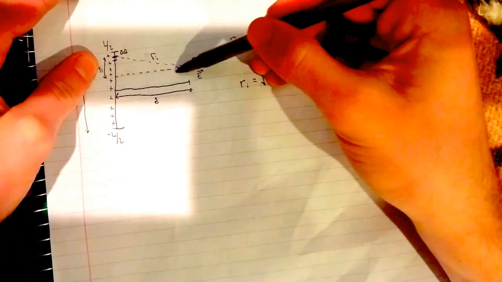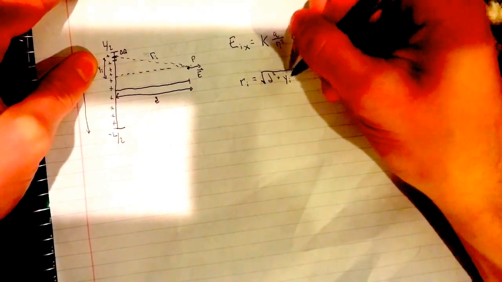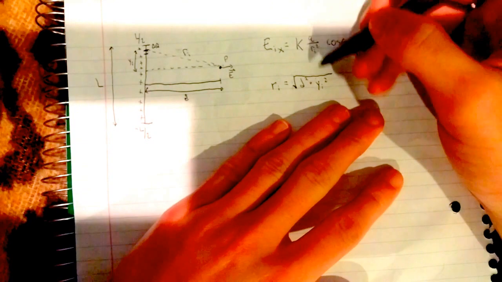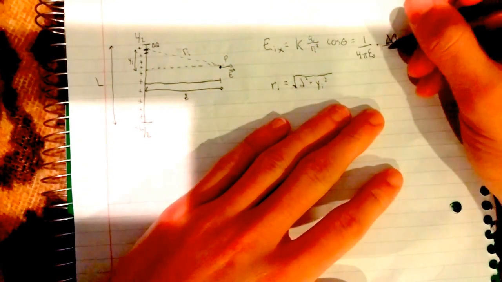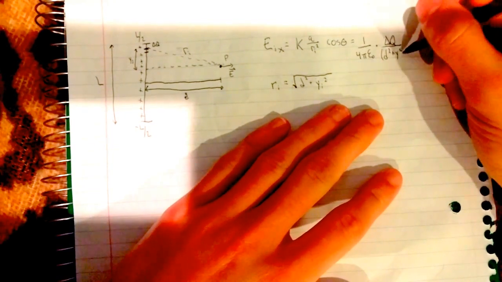So R_i is equal to the square root of d squared, which is this distance here, plus y_i squared, which is this distance here. Knowing that, we can substitute that in, but because it's R_i squared, this will just go in as d squared plus y_i squared.